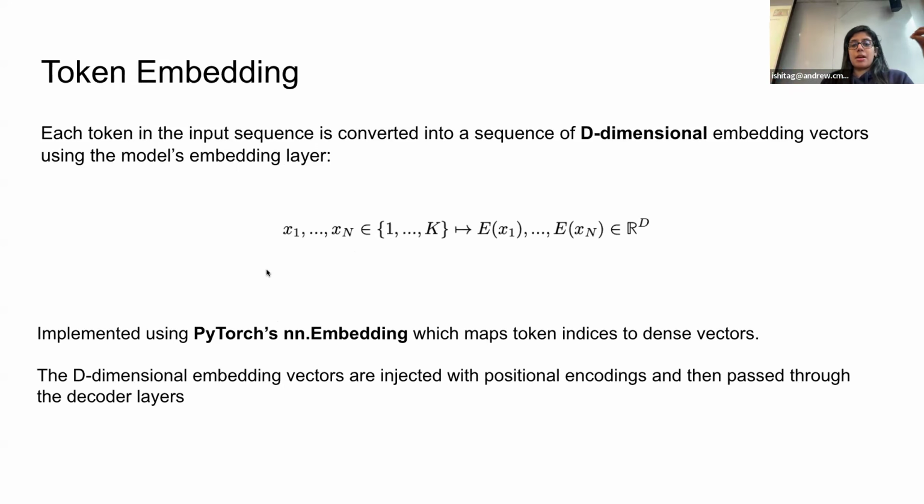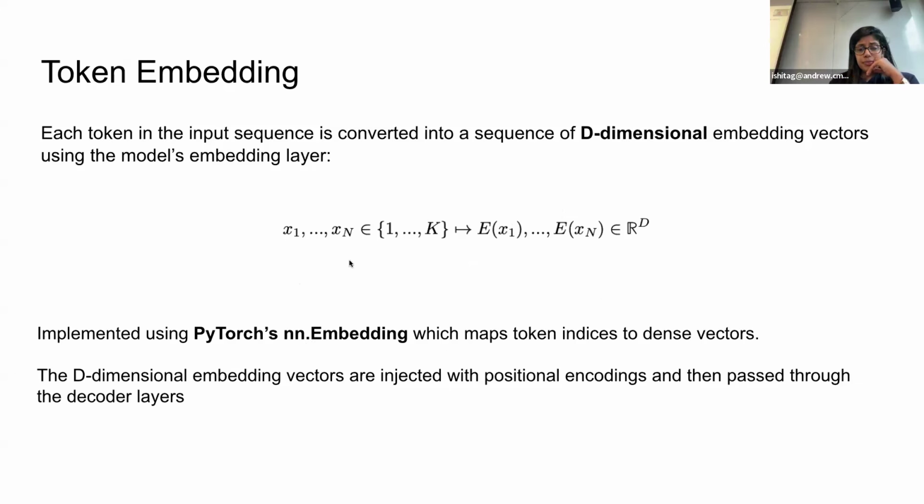The tokens in my input sequence will be converted to a sequence of d-dimensional embedding vectors, implemented using the PyTorch embedding function.